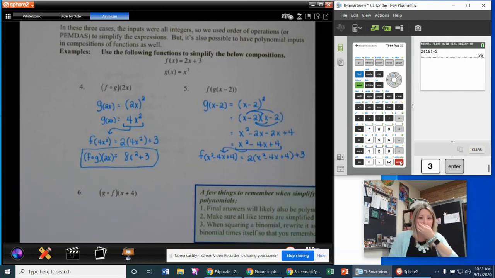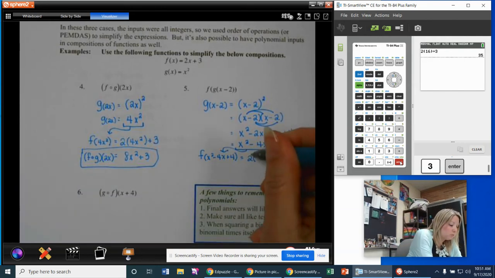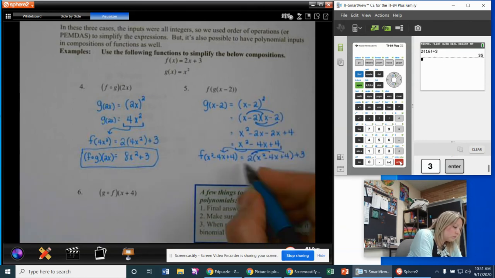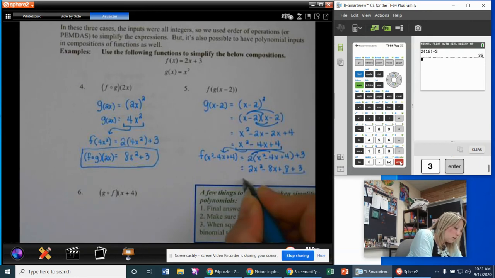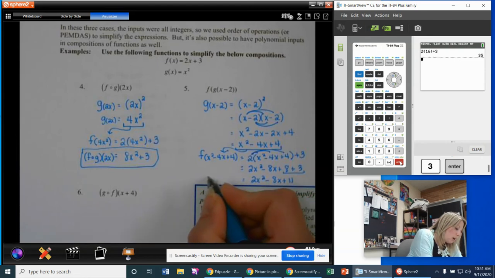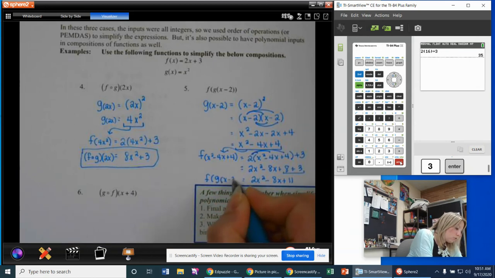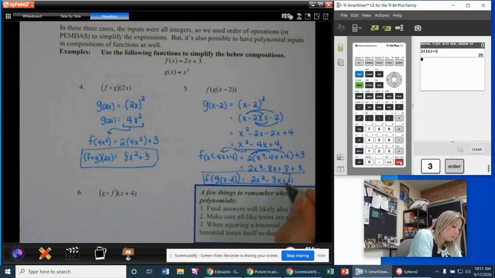So distribute that too. 2x squared minus 8x plus 8 plus 3, like terms at the end: 2x squared minus 8x plus 11. And this would be f of g of x minus 2. Oops, I cut off my 11. My bad. There you go.